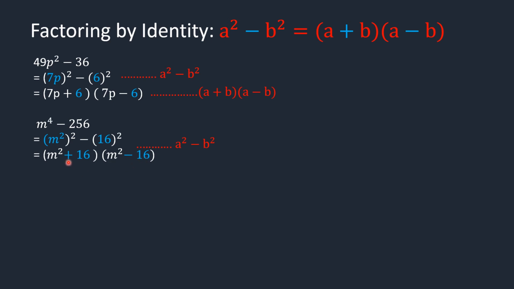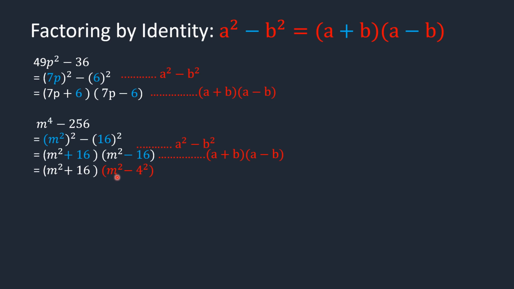Give plus sign to one factor and minus to the other, according to a plus b multiplied by a minus b. Next, m squared minus 16 can be further factorized because they are the difference of two squared quantities.